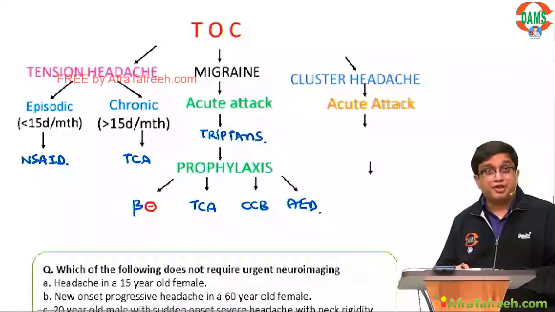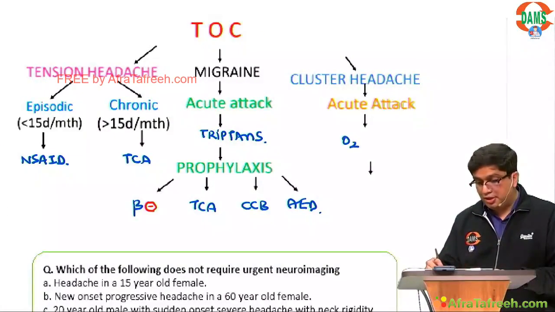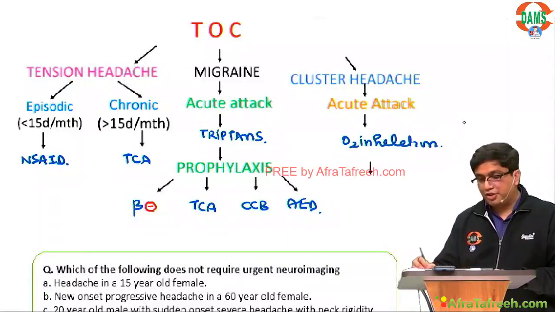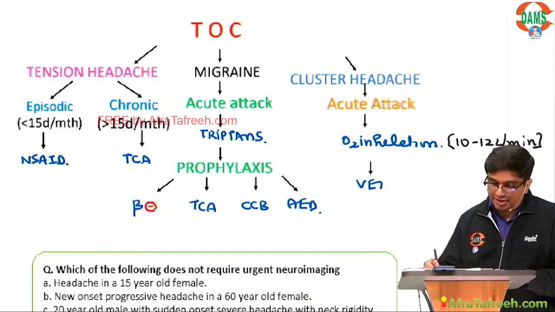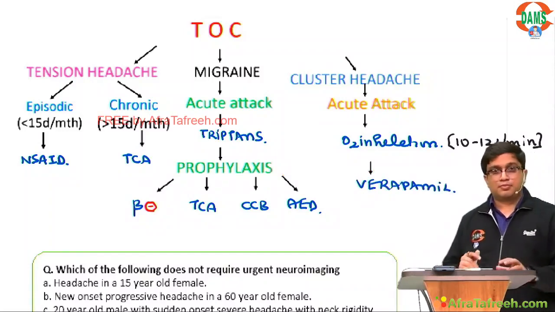Cluster headache, don't forget, acute attack, you give oxygen inhalation at a high flow of 10 to 12 liters per minute for a short duration. And for prophylaxis in a cluster headache patient, the ideal therapy is always verapamil. Right?